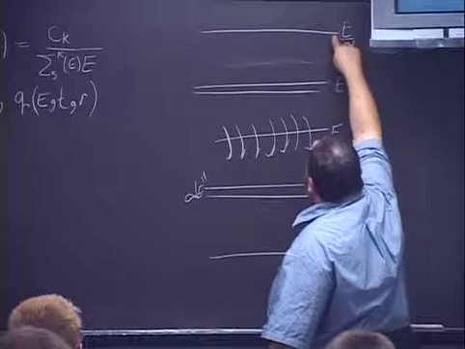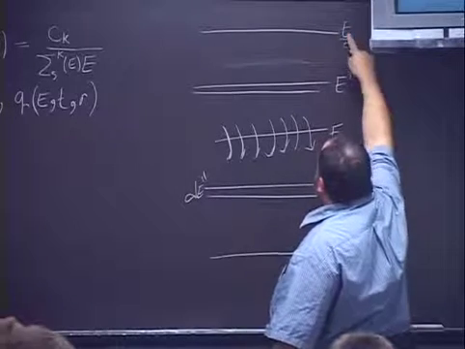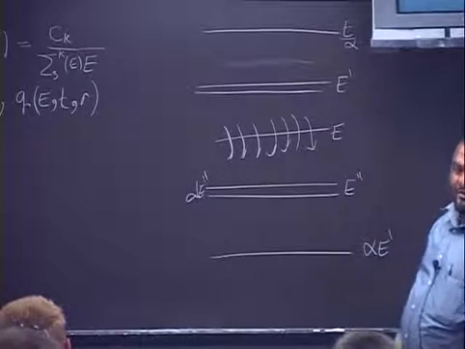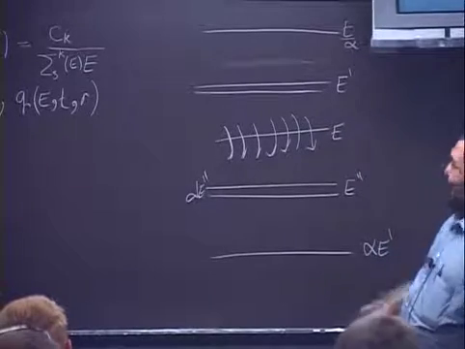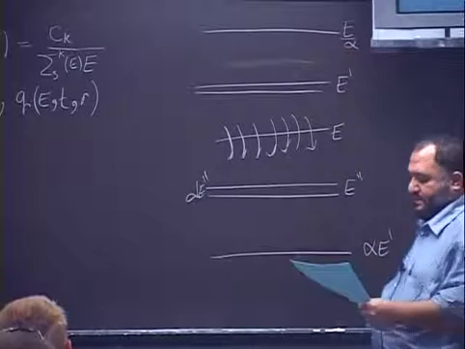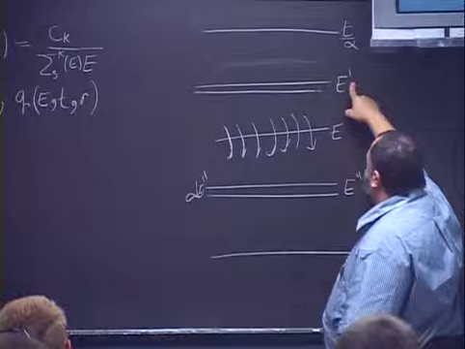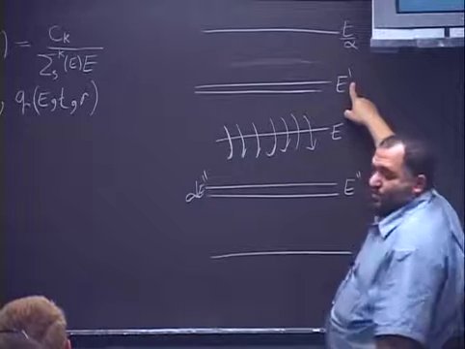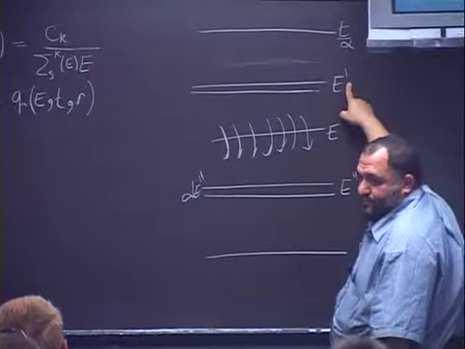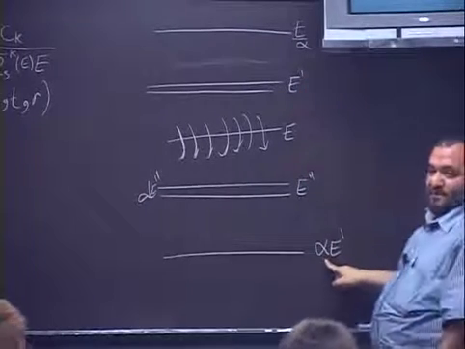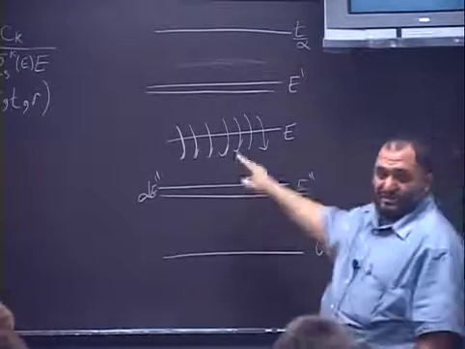If a neutron comes from here in one collision, it will be E over alpha multiplied by alpha, so you will reach this point. So this is the minimum energy in one collision that you will reach. So you have to come from E over alpha. And if you are coming from E, what's the minimum energy that you will reach in one collision? Alpha E prime. So you will be here, alpha E prime. Okay guys, did you understand this?